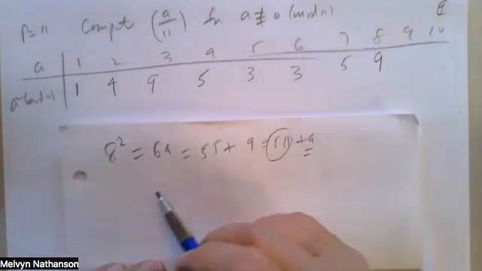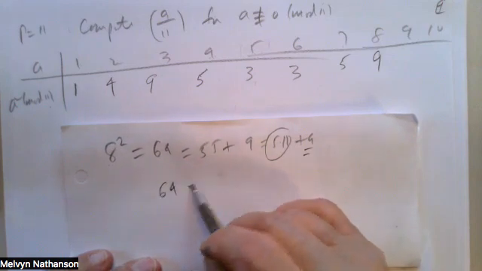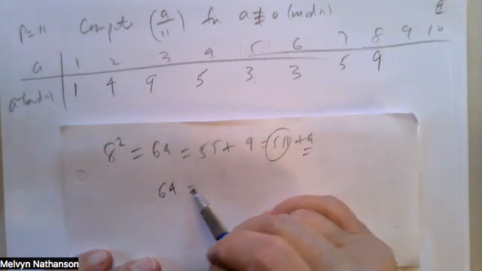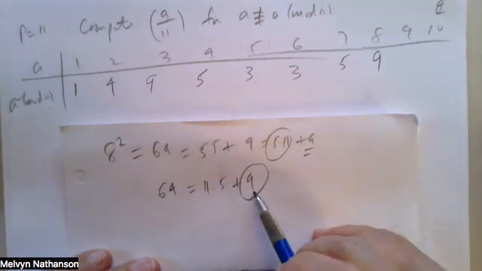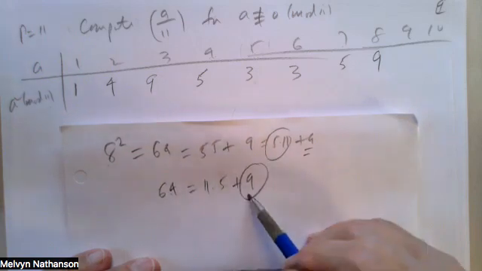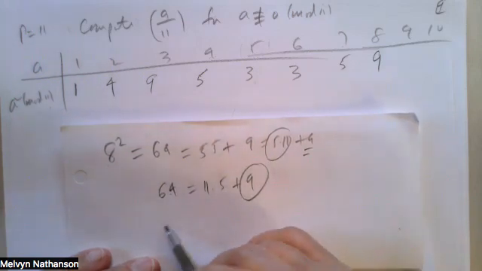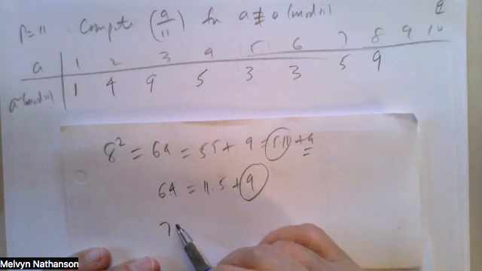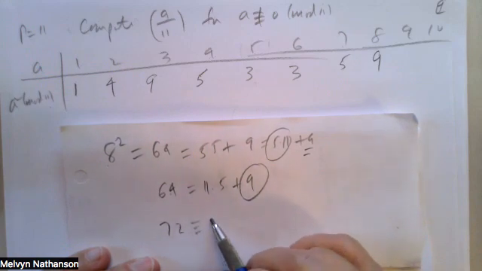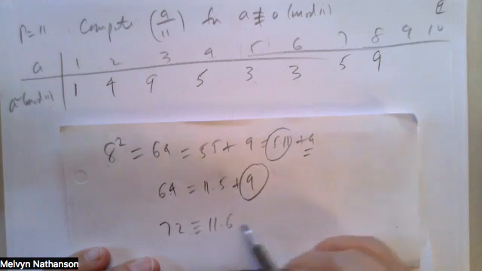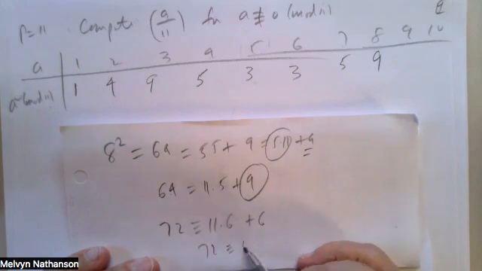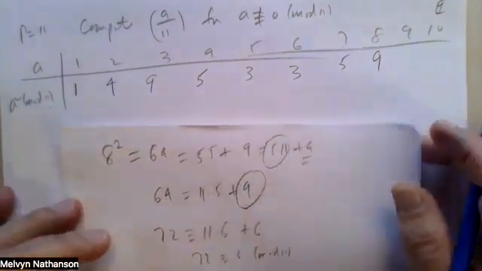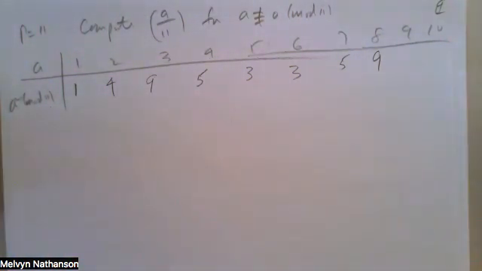You have a number 64. You want to divide by 11. When you divide by 11, you get 11 times 5 plus 9. So the least non-negative residue of 64 mod 11 is 9. If you had a number like 72, divided by 11, this is 11 times 6 plus 6. So 72 is congruent to 6 mod 11. This is just how you find the least non-negative residue of any congruence class.